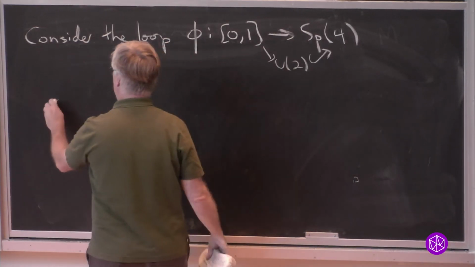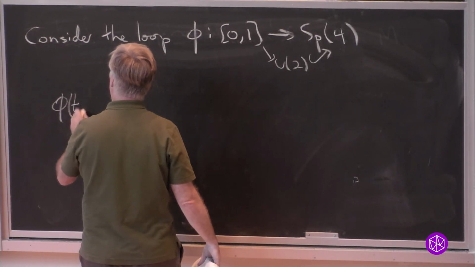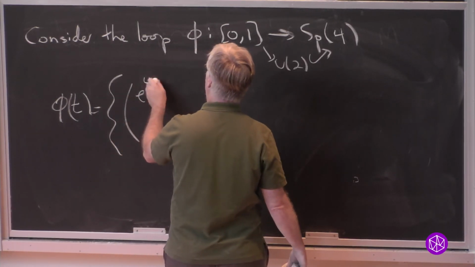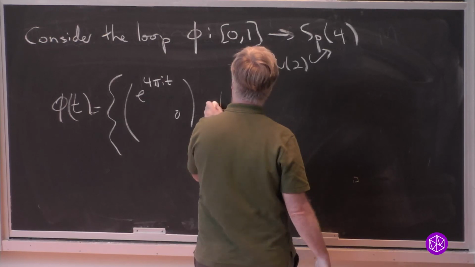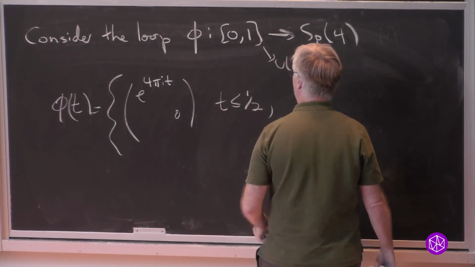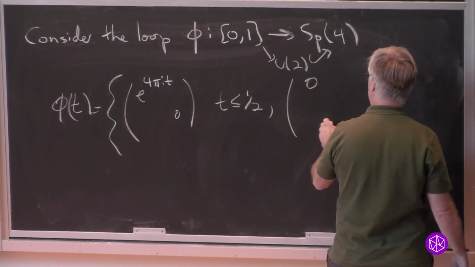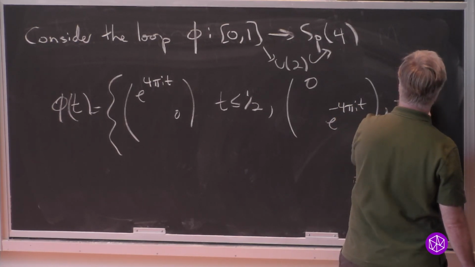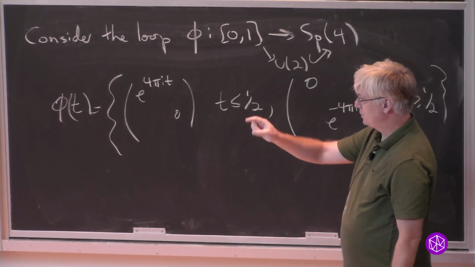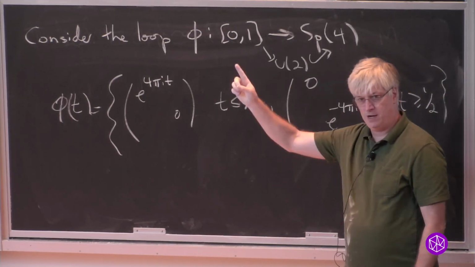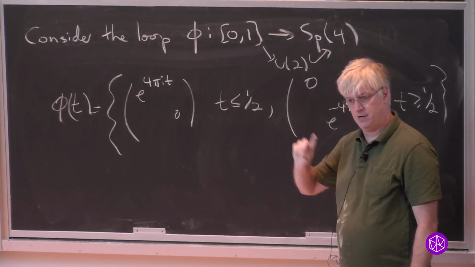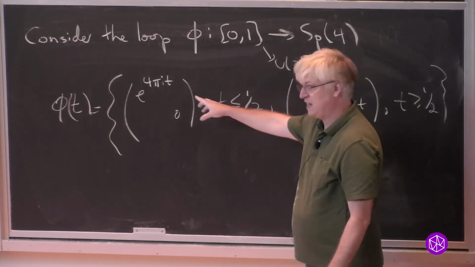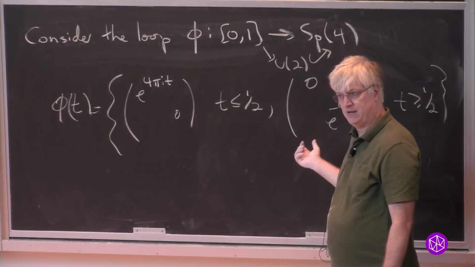So phi of t is (e^{4 pi i t}, 0) if t is less than or equal to half, and (0, e^{-4 pi i t}) if t is bigger than or equal to a half. This loop first rotates the first coordinate by 2 pi, and then rotates the second coordinate by minus 2 pi. This loop is contractible in Sp(4) because the first half of the loop is conjugate to the inverse of the second half of the loop.